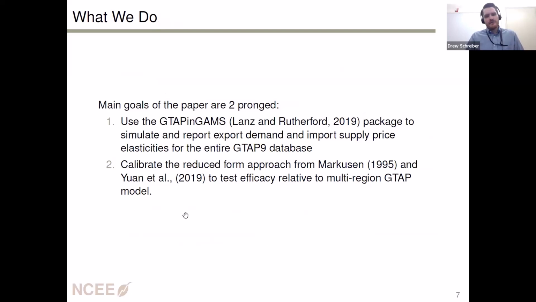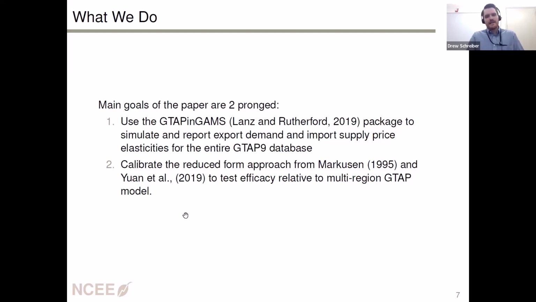The first is, can we use the GTAP model, and here we use the GTAP and GAMS framework, to simulate and report what export demand and import supply price elasticities are for the entire GTAP9 database, to inform this question about where a small open economy might be a reasonable assumption and where it might not be.